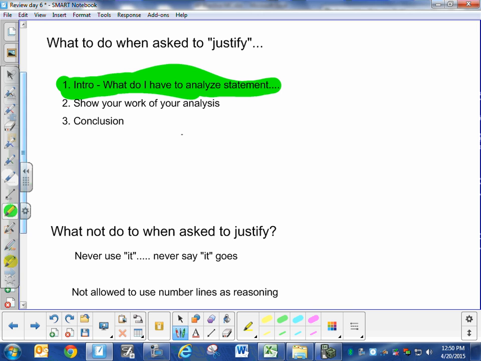And then your conclusion is based off your intro. Once you state your intro, what you need to find, you would then say, this occurs at this location, therefore it is a blank. This is the math symbol for therefore. You may use shorthand math symbols.